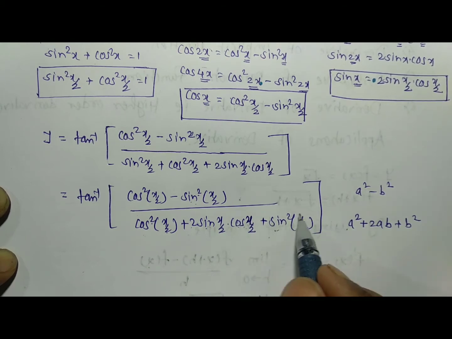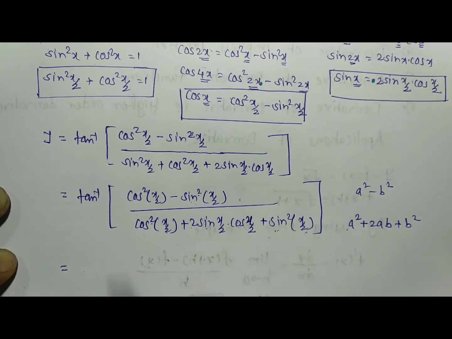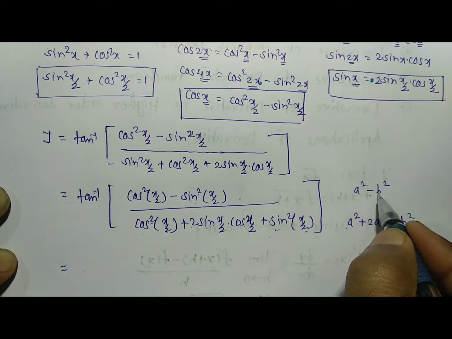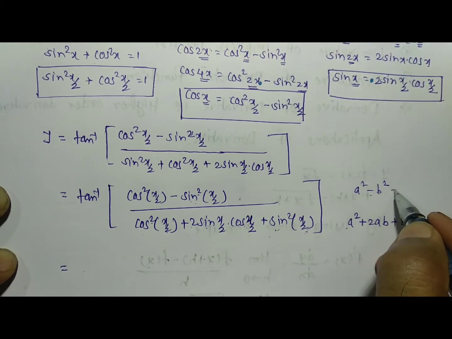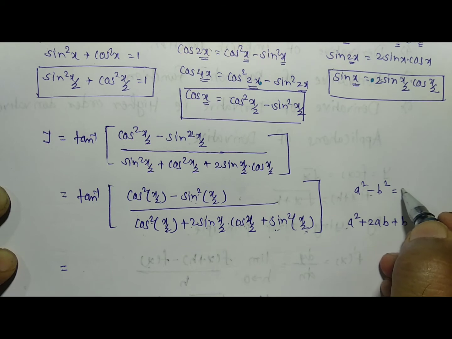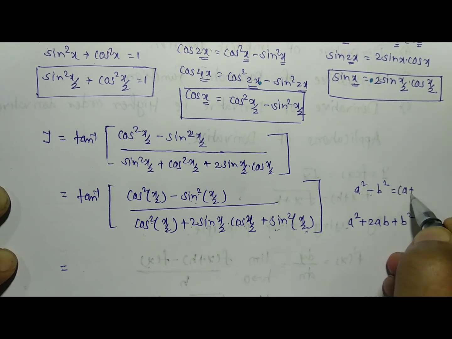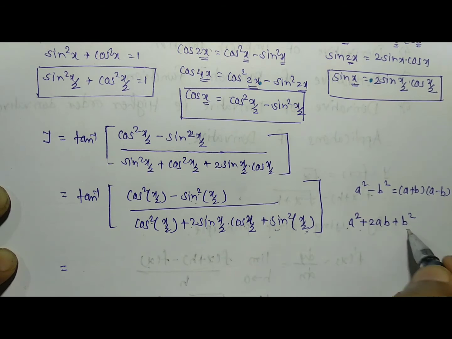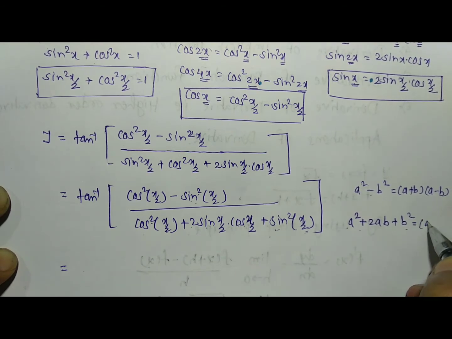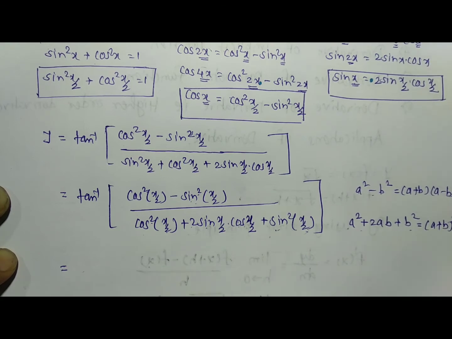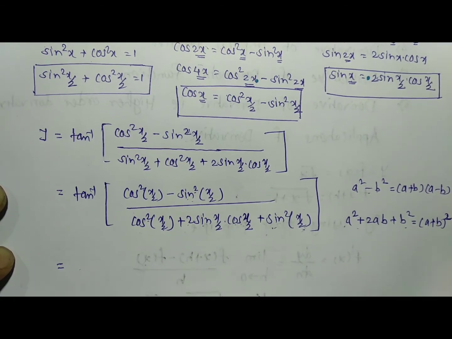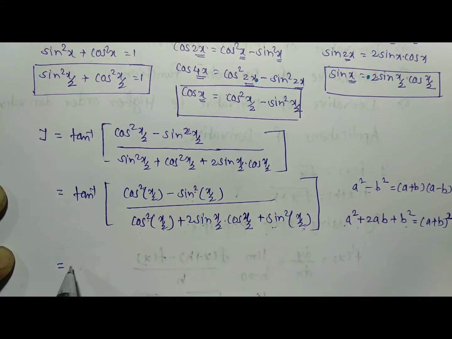And a square minus b square has 2 factors, that means a plus b and a minus b, and this formula is a plus b whole square, and by using this you can write that expression like that.